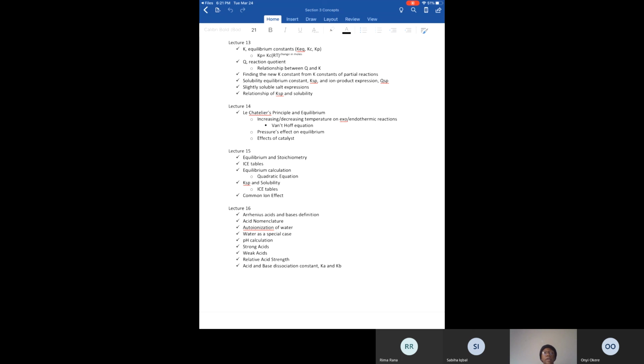The other ones like HCl, HBr, HI are strong acids. HF is not a strong acid.